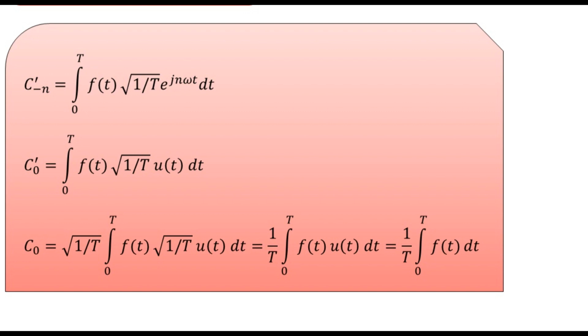And in a similar fashion, for simplicity we have the notation capital C suffix n, which is equal to the multiplication of square root of 1 upon T with Cn dash here.